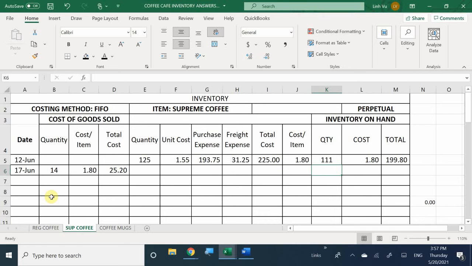If you guys are okay, we'll just do that part so we can finish up our inventory worksheet and then we'll call it a day. Then we go to Supreme Coffee.